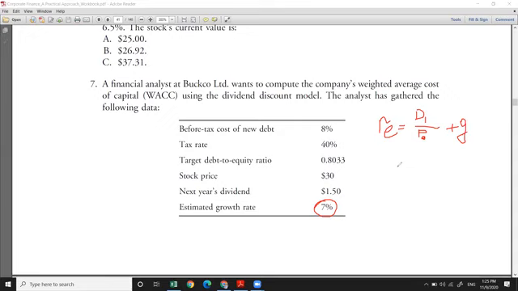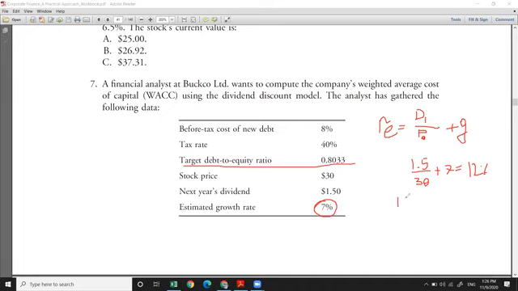So you just plug everything into the formula. 1.5 divided by price, which is 30, plus 7%. And that gives you 12%. So the cost of equity is 12%. Now we know the proportion. Target debt equity ratio is given here.